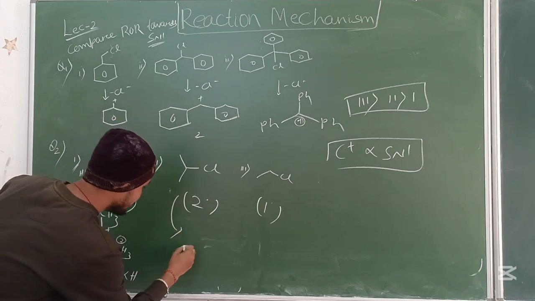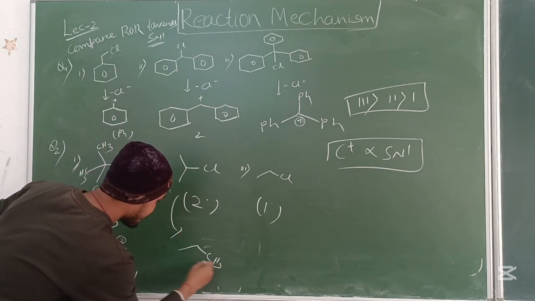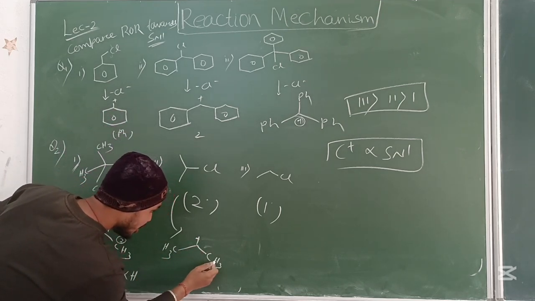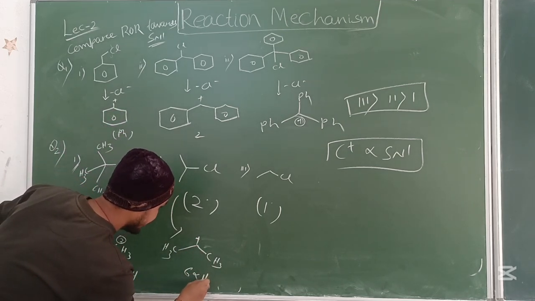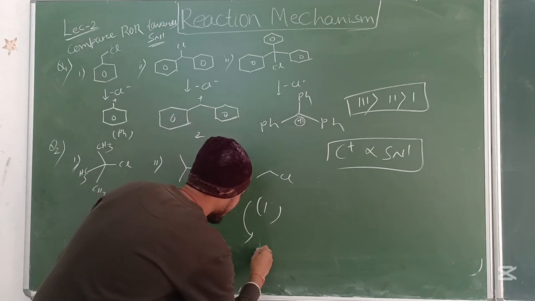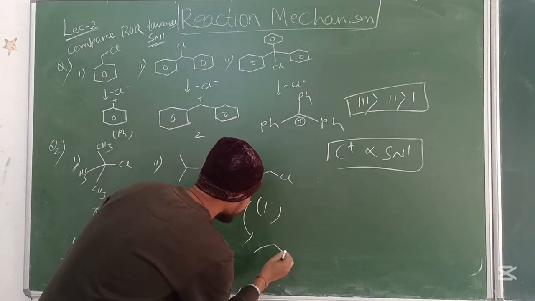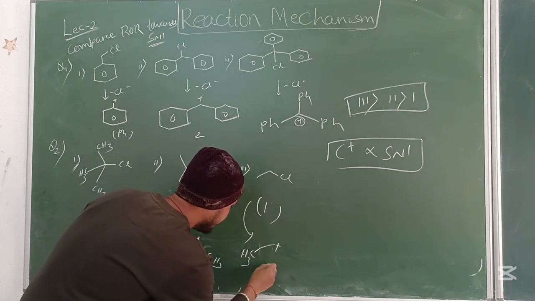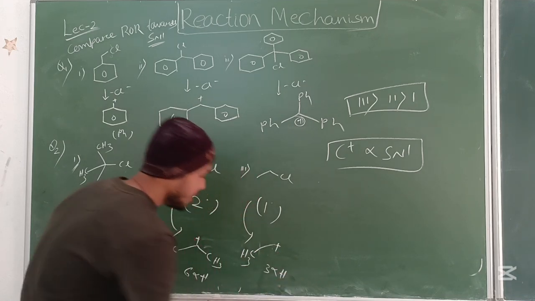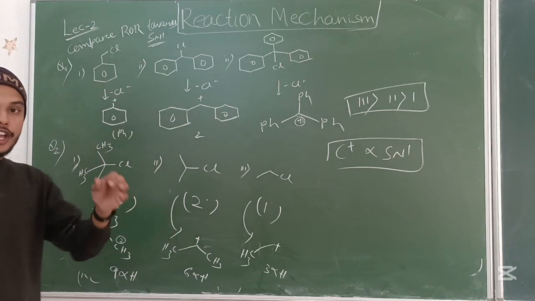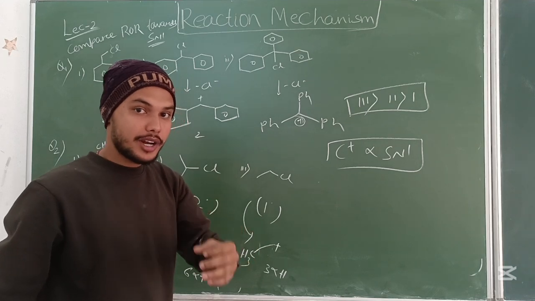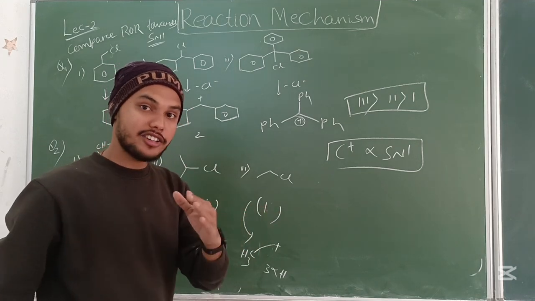And here you check, here CH3 and here CH3, that is 3 plus 3, 6 alpha hydrogens. And here you check only 3 alpha hydrogens. That means here is a concept: the more alpha hydrogens, the more the carbocation stability.